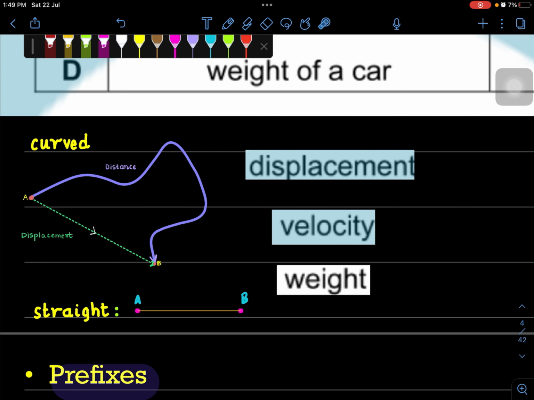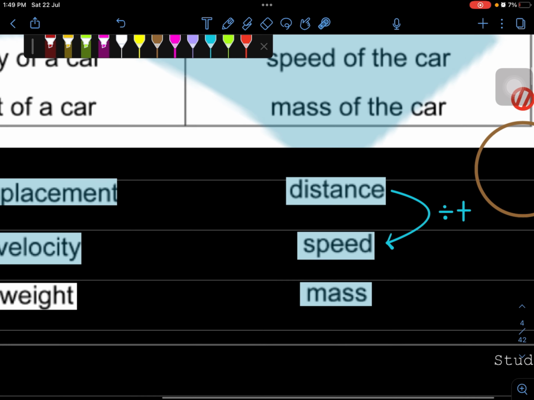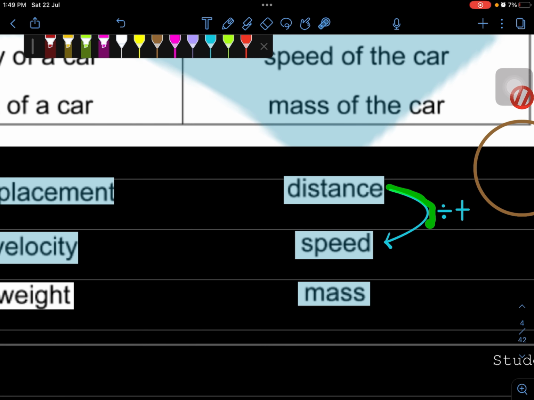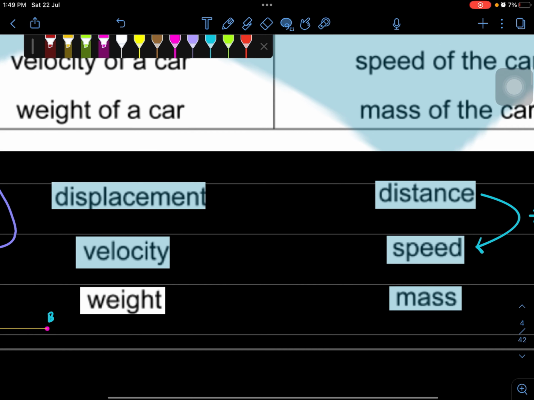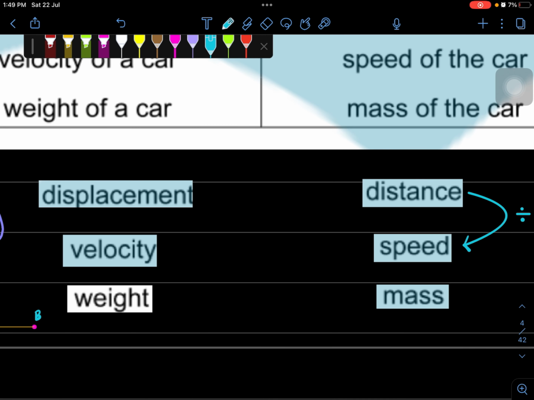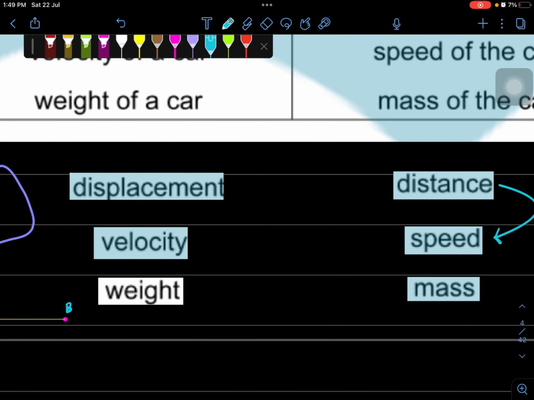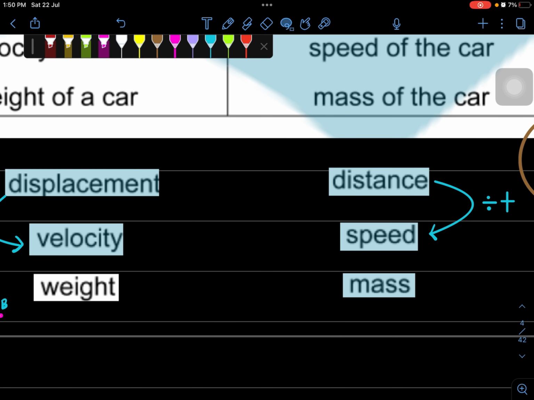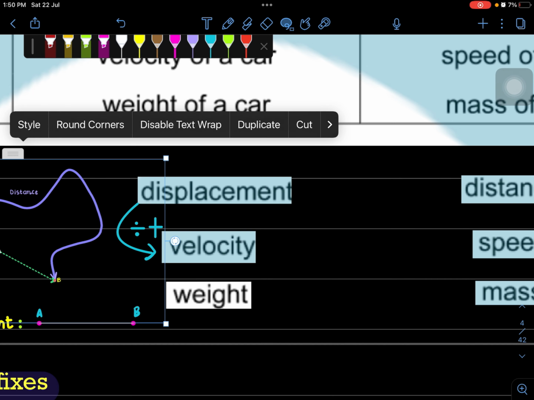So remember, whenever you have straight line motion, distance is equals to the displacement. Now, if I were to divide this distance by time, I would get the speed. As I mentioned earlier, we'll be discussing this entire speed velocity concept in more detail in the next chapter. But if I were to divide the displacement by time, I would get the velocity of the car.